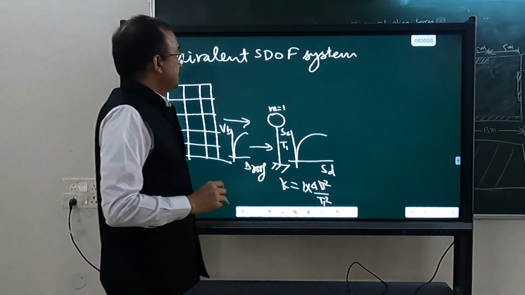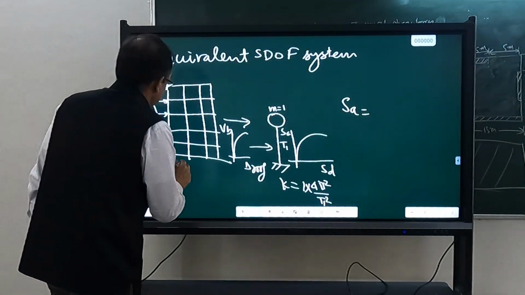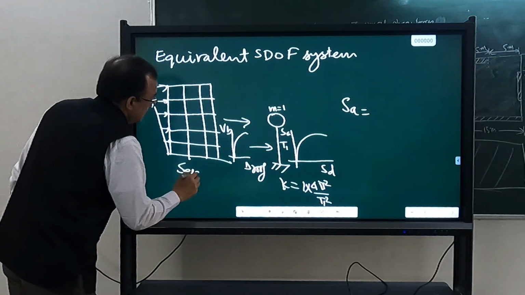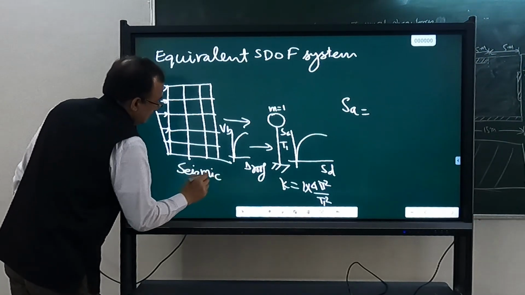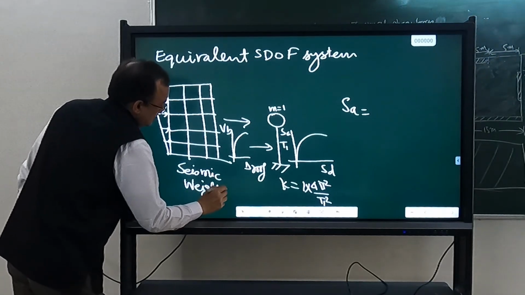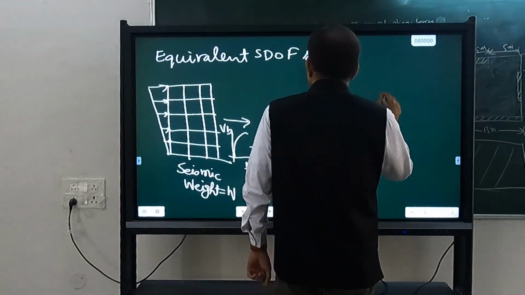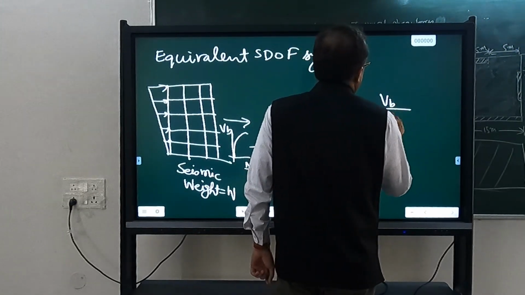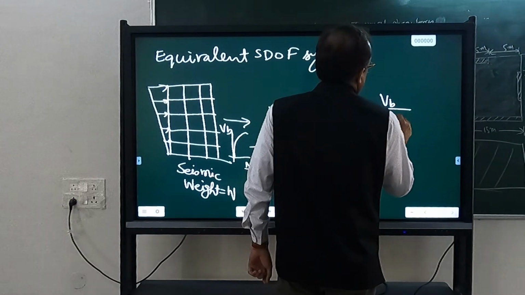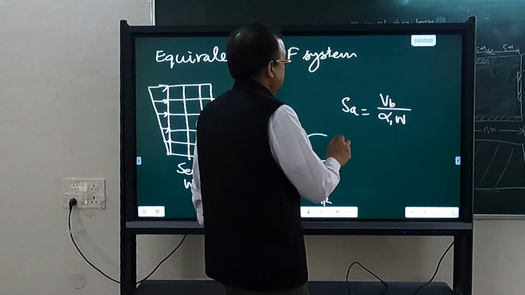How? SA, here the total seismic weight is W. So SA will be VB divided by alpha 1 into W. What is this alpha 1?